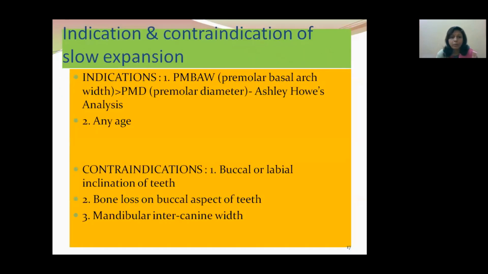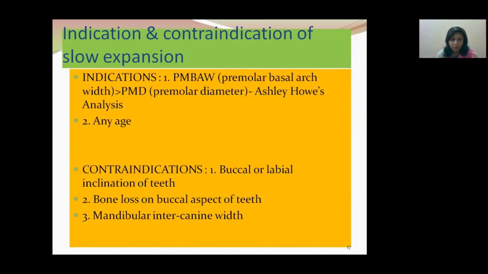If we talk about the indications and contraindications of slow expansion, slow expansion will be indicated in cases where the premolar basal arch width is more than the premolar diameter, and this can be ascertained by the Ashley-Howe model analysis.